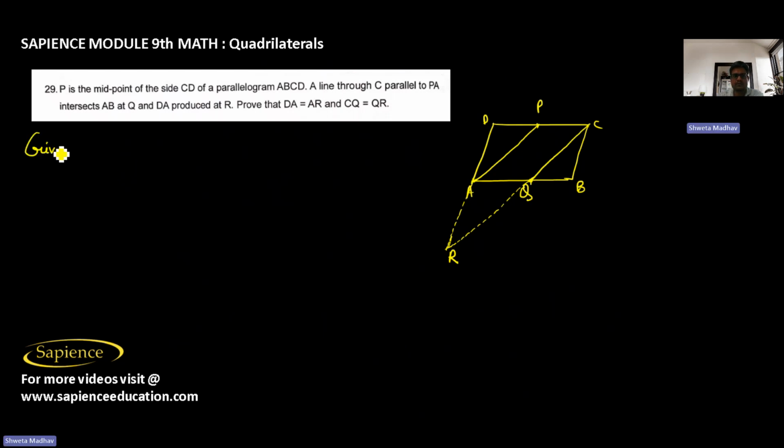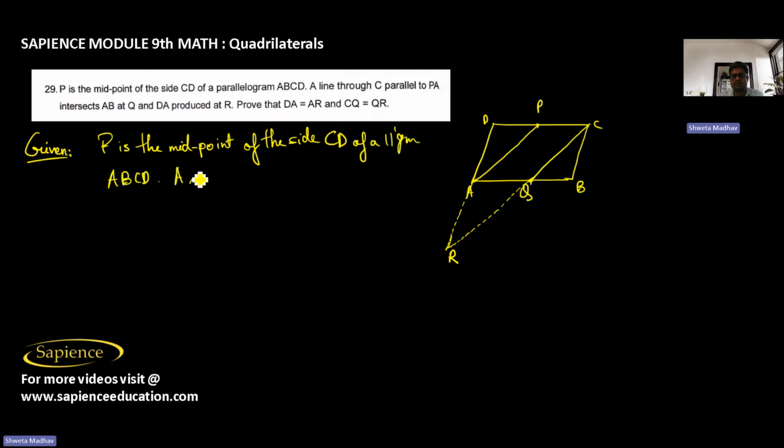So it is given that P is the midpoint of the side CD of a parallelogram ABCD.